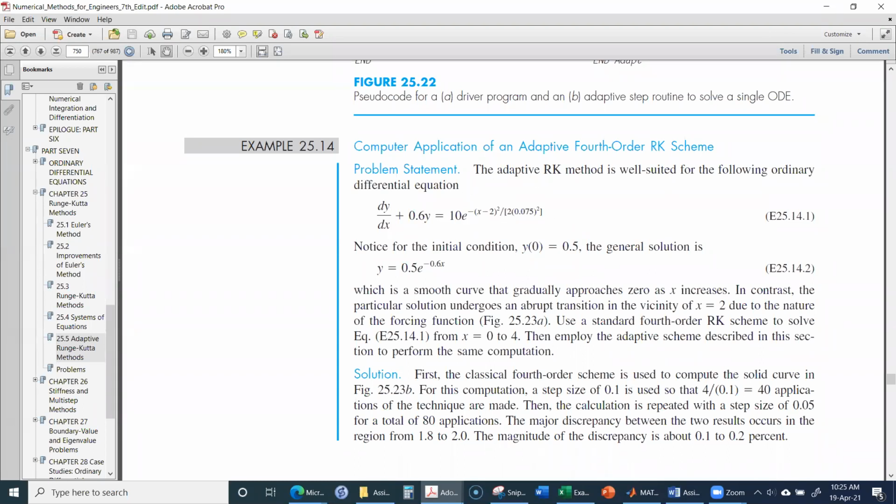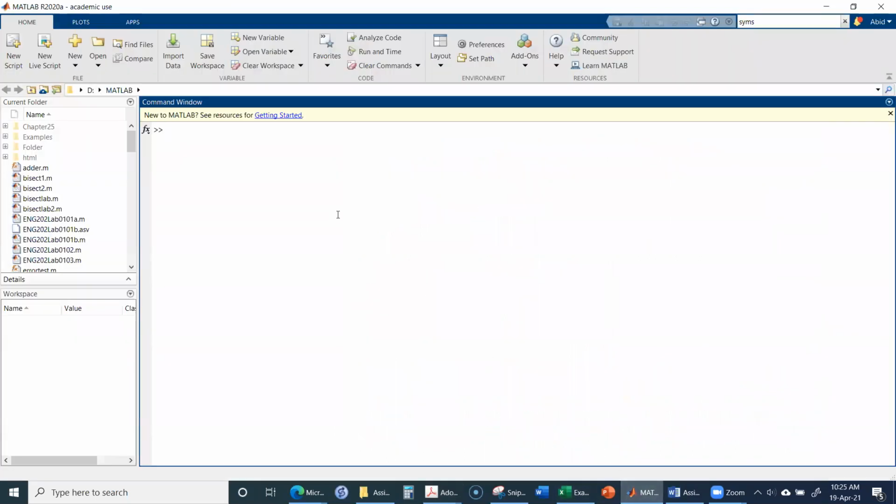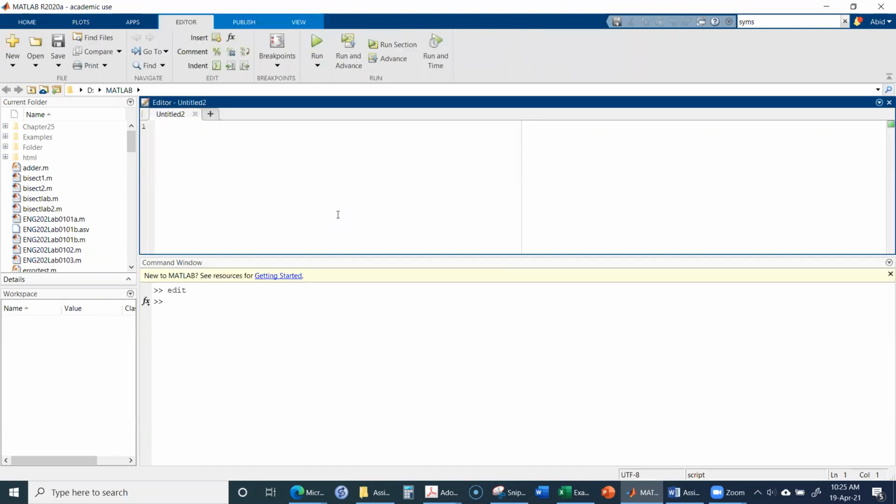If I want to write this equation into Matlab, I will write it in an M file as a function. So I can write it as dy dx, and this is the name of the variable I will give to the function name.